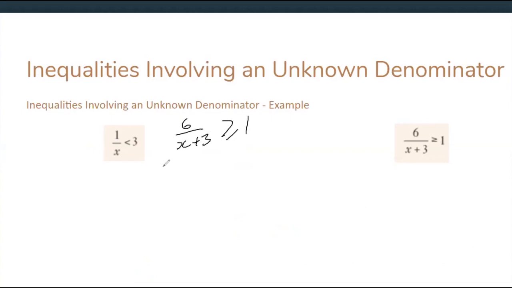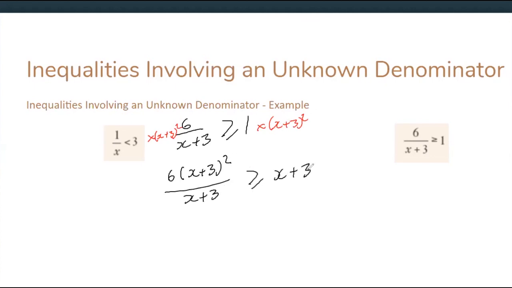And then we multiply both sides by x plus 3 squared. And so from here we get 6 bracket x plus 3 squared over x plus 3, and that's greater than x plus 3 squared.